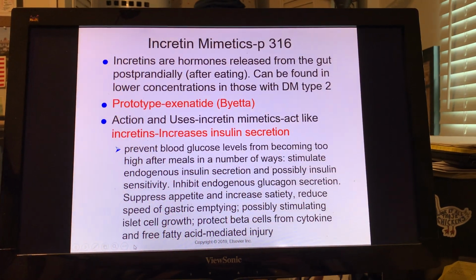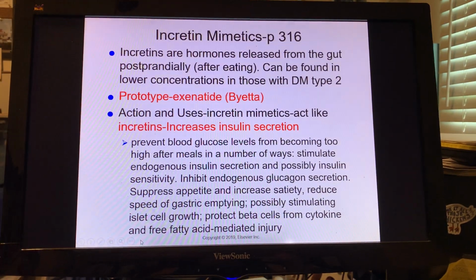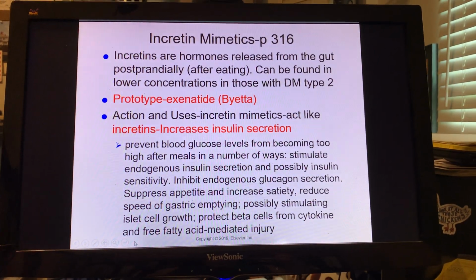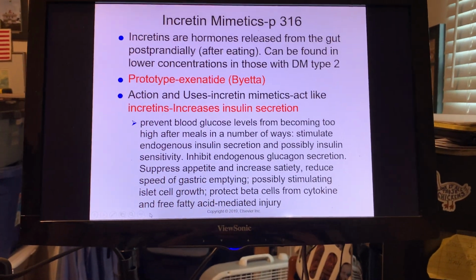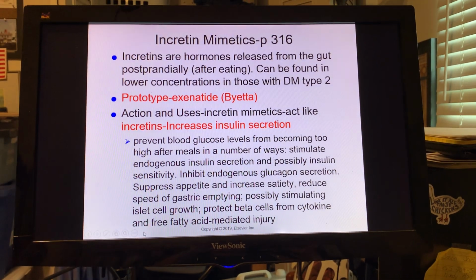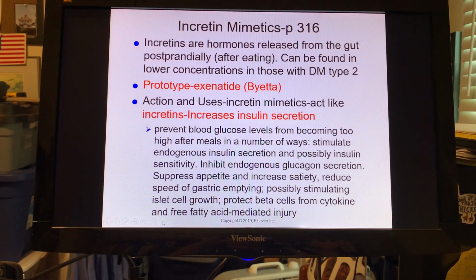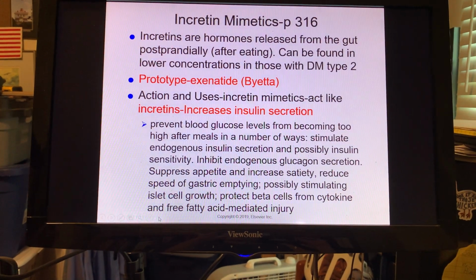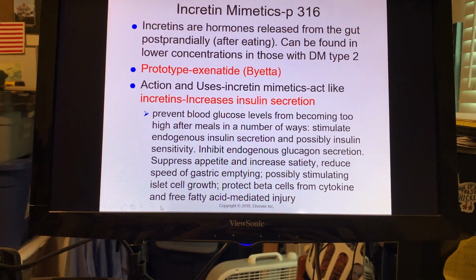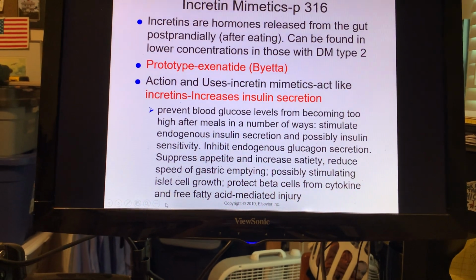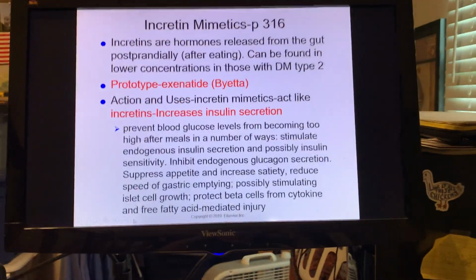And as scientists have studied type 2 diabetes through the years, because of course they have, to help us develop all these new meds and make lots of money for the pharmaceutical companies, one of the interesting observations was that these incretin hormones do not seem to be as abundant in type 2 diabetics as they are in people who do not have type 2 diabetes. So that was something that was found.